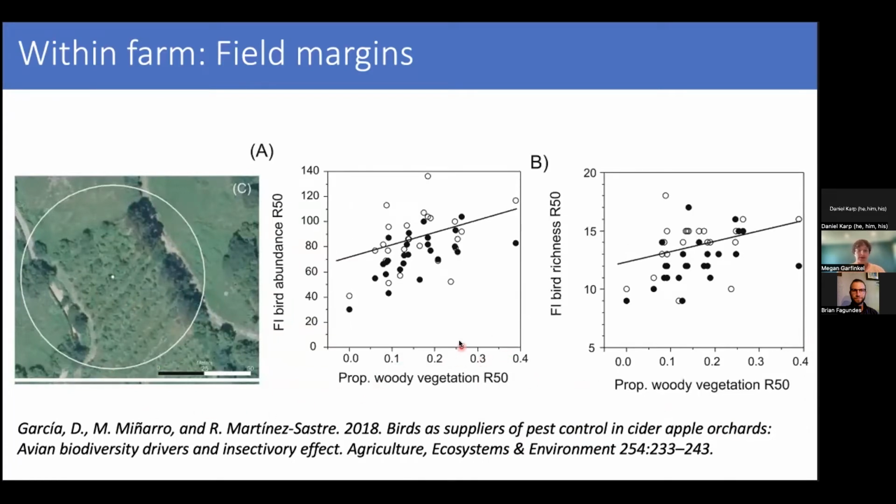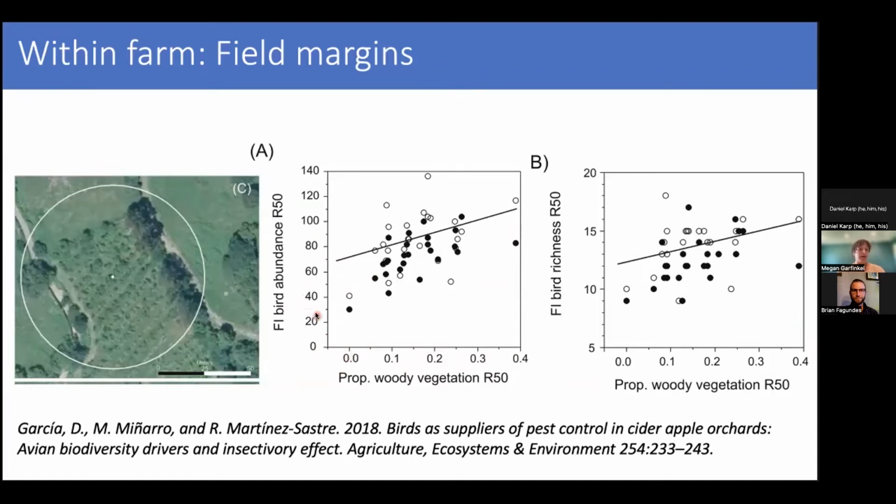So their results are shown here. What we're looking at here along the horizontal axis is an increasing proportion of woody vegetation. So basically at this far end, we're seeing more tree lines along the edge of the orchard and then fewer trees towards where it says 0.